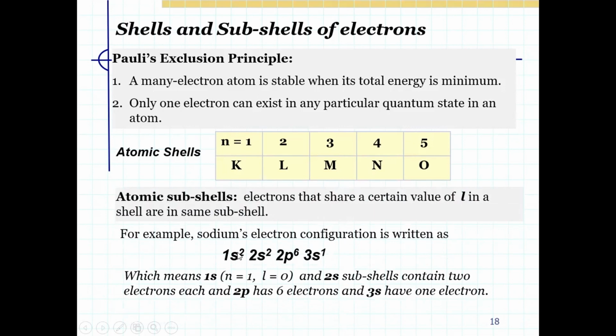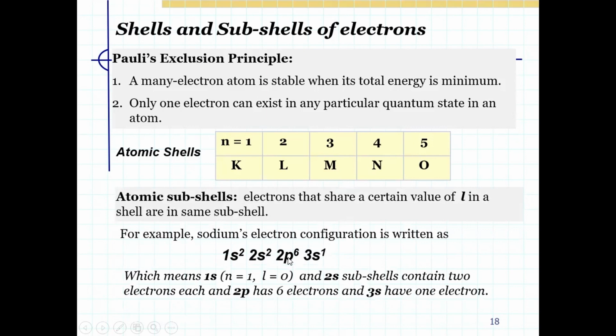1s, and as you know, s means l is equal to 0, the small l, the angular quantum number. For that we see that there are 2 possibilities, spin up and spin down, and therefore s will have at the most 2 electrons. Similarly, 2s is going to have 2 electrons.